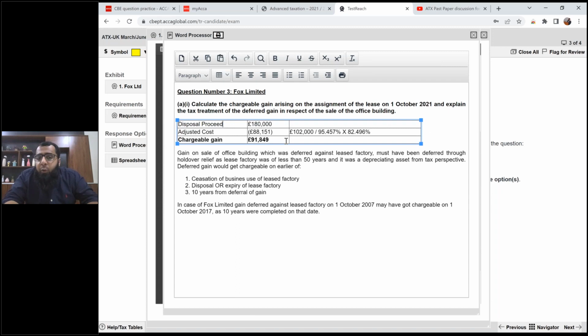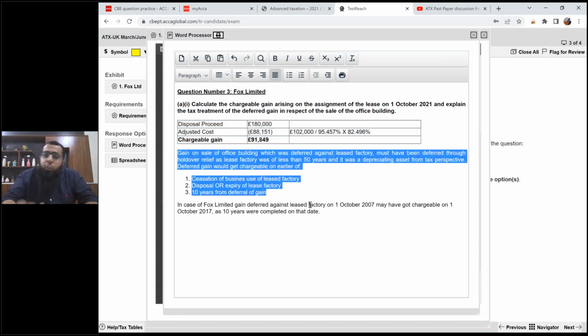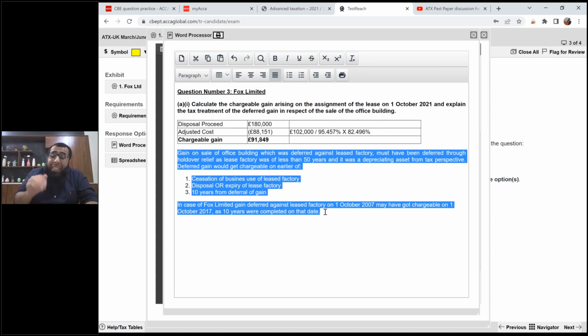If it is a 4 marks requirement, 2 marks are pretty easy. Go for adjusted cost, calculate it. For the office building, holdover relief should come to your mind, but even if you are not able to identify it, that is not a big issue. It's completely normal that in advanced tax you forget some things. Okay, let's move forward.